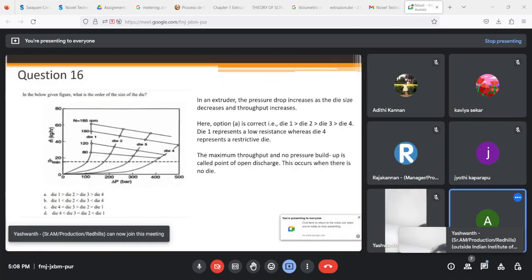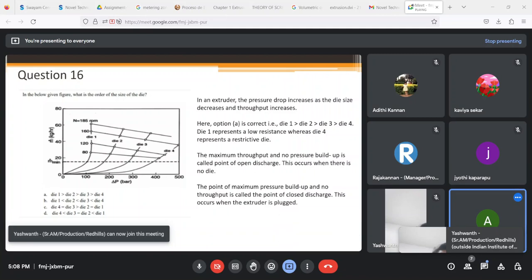So the point of open discharge occurs when you don't have any die at the end and you have maximum throughput or maximum flow rate outside and there is no pressure buildup. The other extreme is when your die gets clogged or plugged: even if you apply the maximum pressure that the equipment can handle, there will be very little throughput or no mass flow rate.